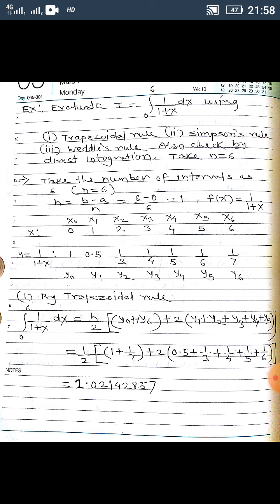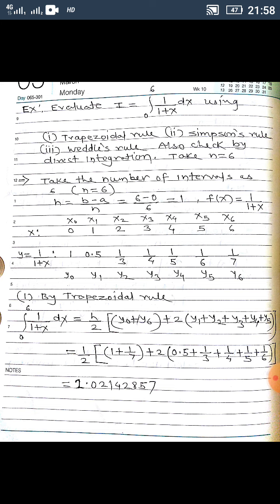Now we apply all the formulas there. By trapezoidal rule, we have to calculate the integration 0 to 6, 1 upon 1 plus x dx. What is the trapezoidal formula? h by 2 in bracket first and last. The first is y0 and last is y6. So y0 plus y6 plus 2 times the rest, y1, y2, y3, y4, y5. So we substitute all values there and simplify.